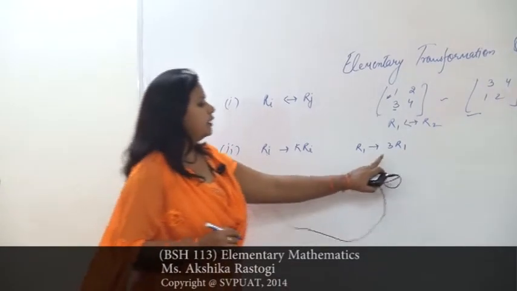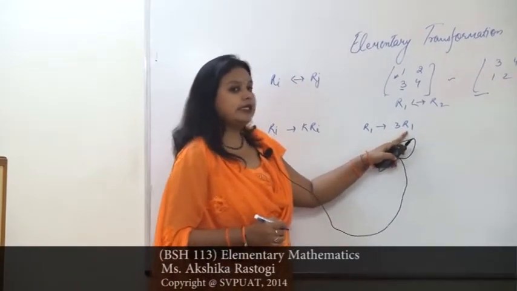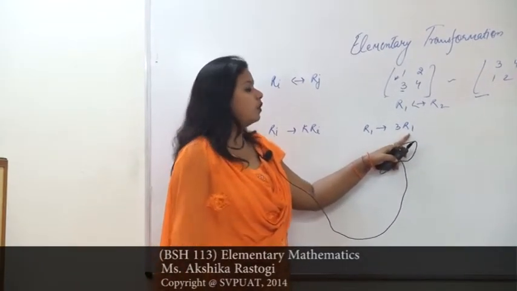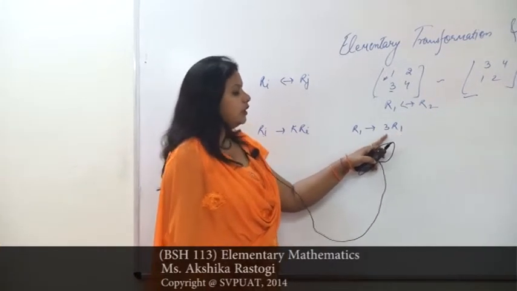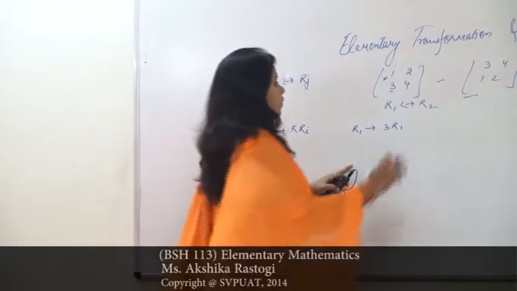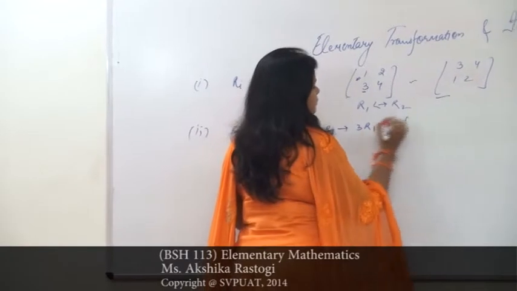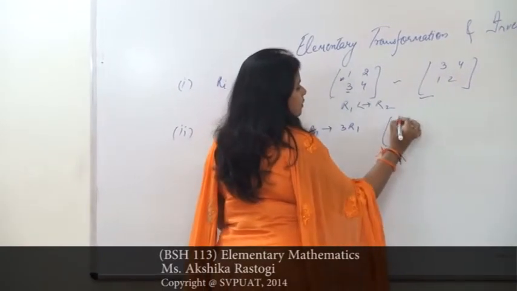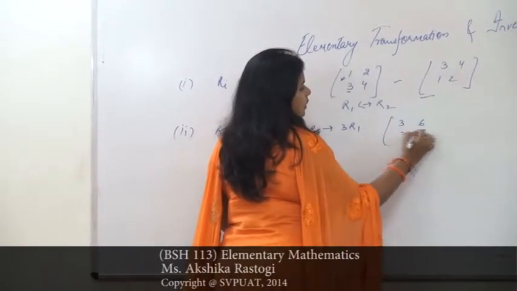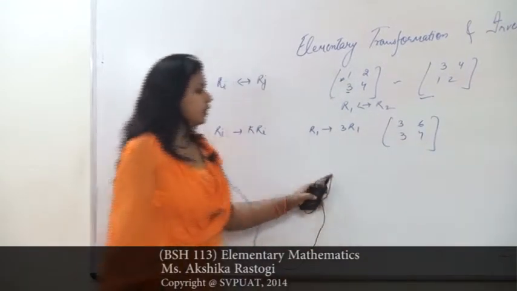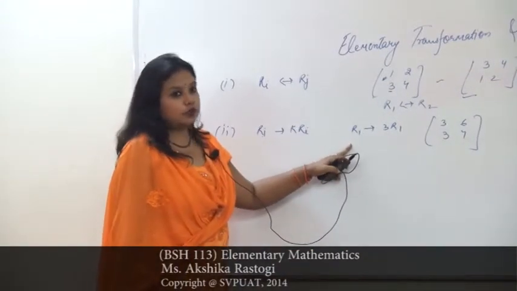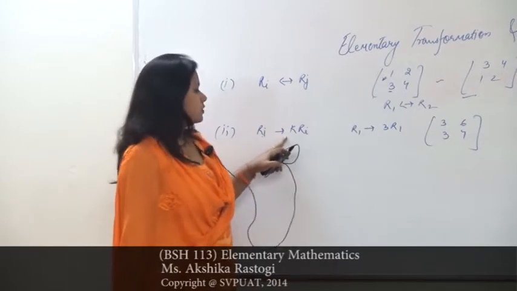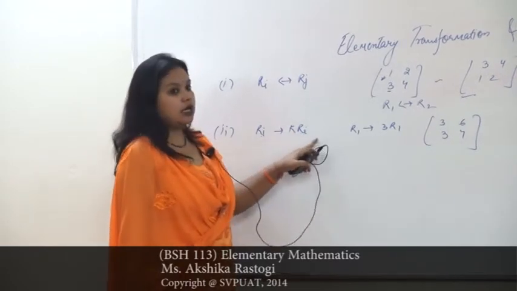What does it mean? It means we multiplied each and every element of the first row by the constant 3. If we multiply by 3, it becomes 3, 6, 3 and 4. So this is how we can use this transformation: Ri becomes k Ri.